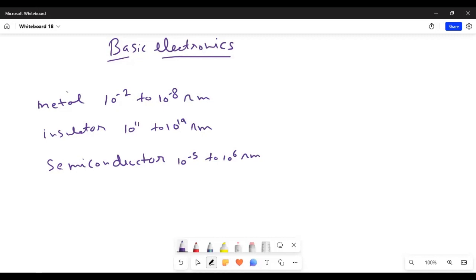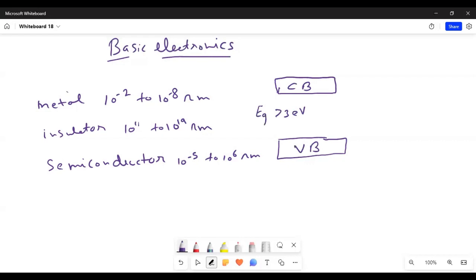we also characterize this material based on the energy band gap. The band gap is the energy gap between the conduction band and the valence band. For example, this is the conduction band and this is the valence band. And this gap, Eg, is greater than 3 electron volt for an insulator.